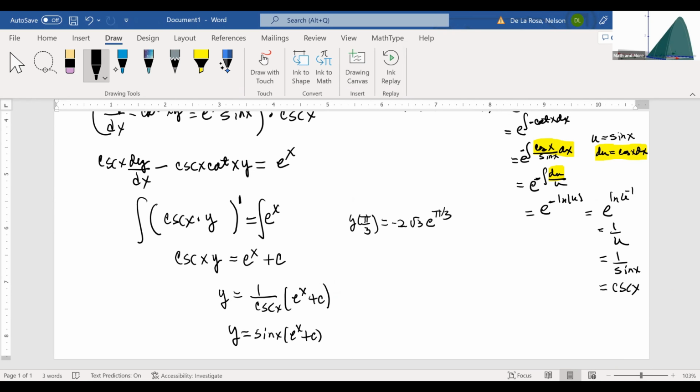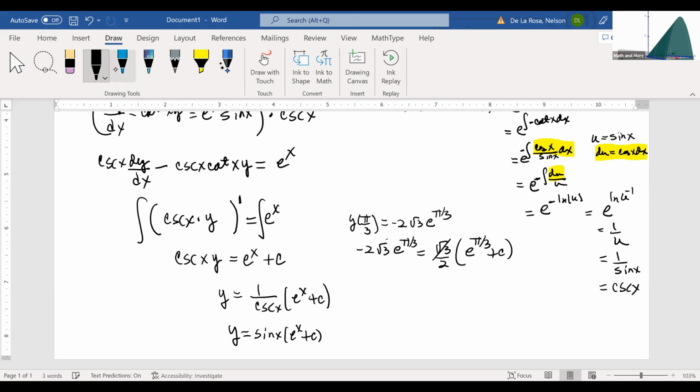So we replace this condition in the explicit solution. We have that negative 2 square root of 3 e to pi over 3 is equal to sine of pi over 3, which is square root of 3 over 2, times e to pi over 3 plus c.